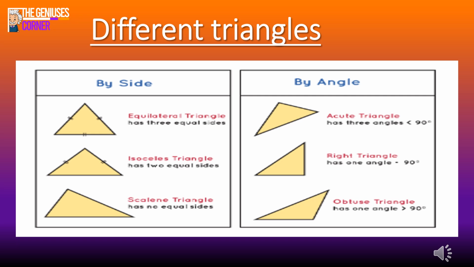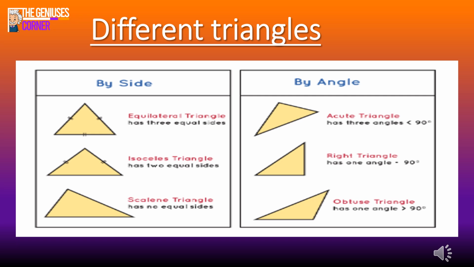So the two base angles will always be equal, not the angle at the top. Now, the scalene triangle will have no equal angles at all. So this angle will not be equal to the other angle, nor to the third angle. So that's what we need to know.